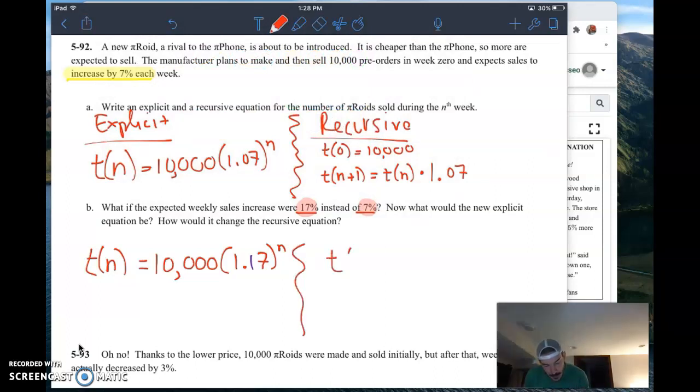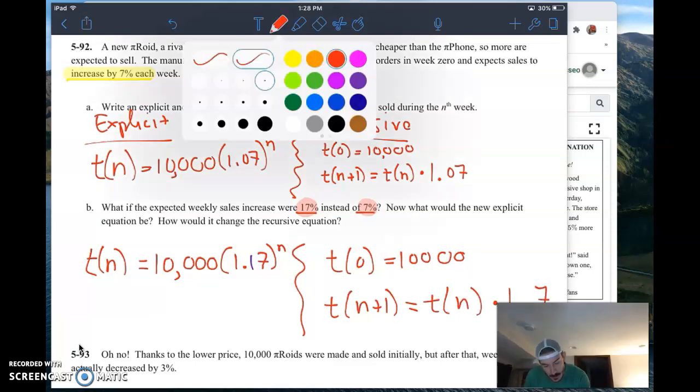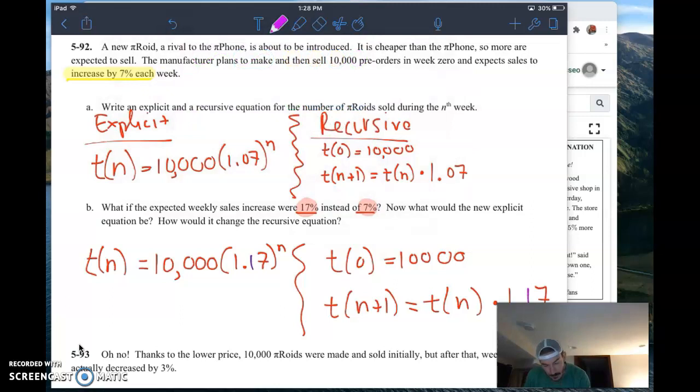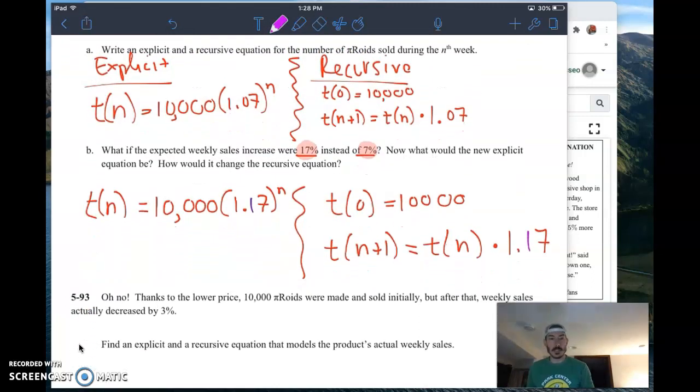Well, the start value is still the same, t of 0. But that multiplier changes. Again, I'll call that out using a different color so you can see that change.